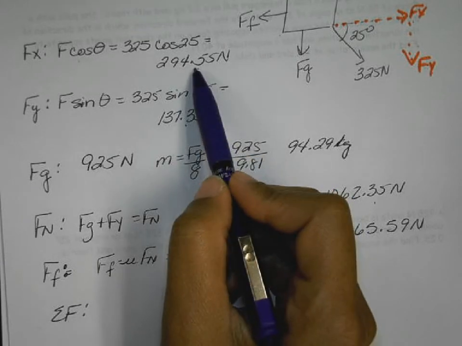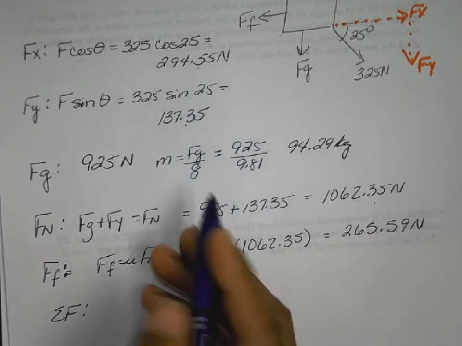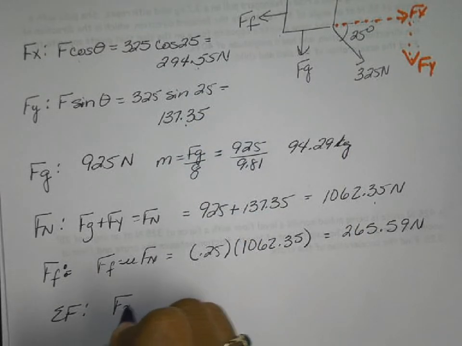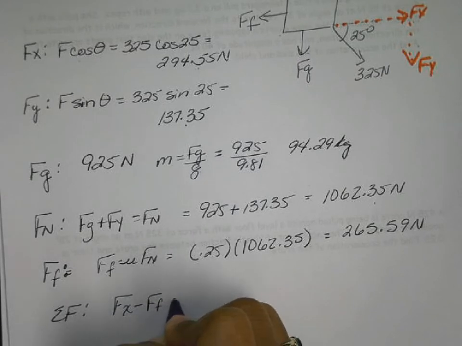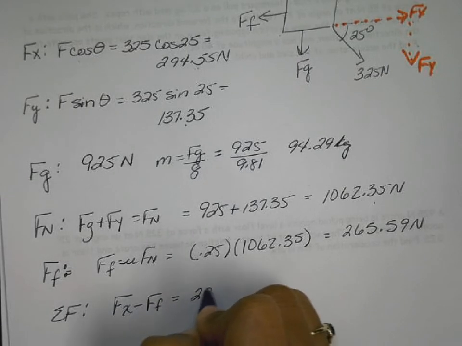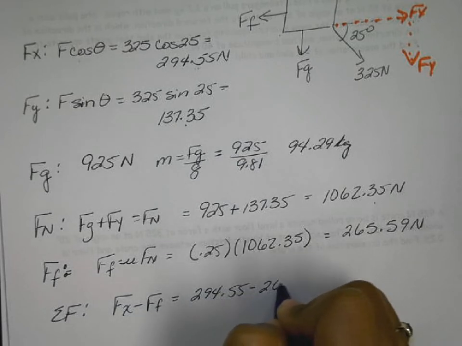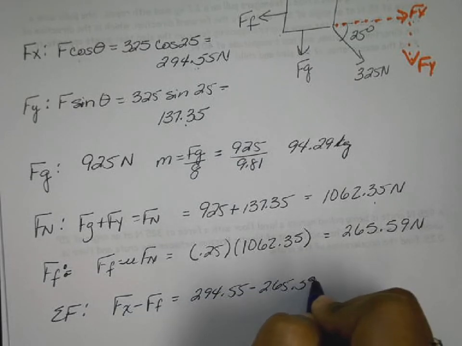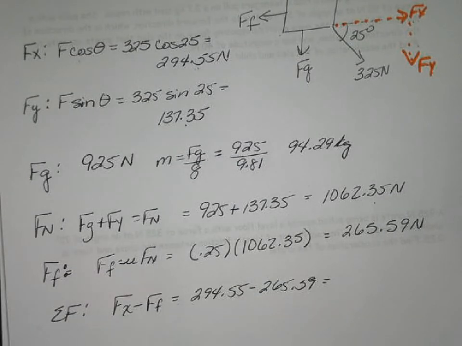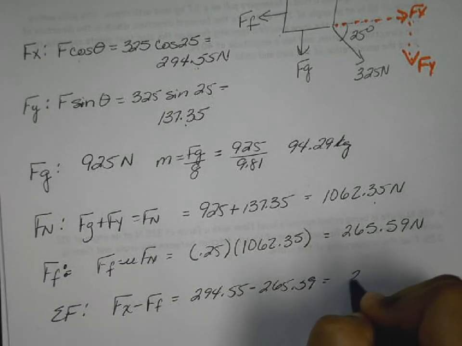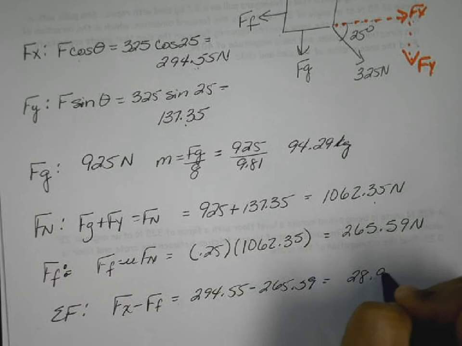Force on the X is 294.55. So force on the X minus force of friction, 294.55 minus 265.59, I get 28.96.